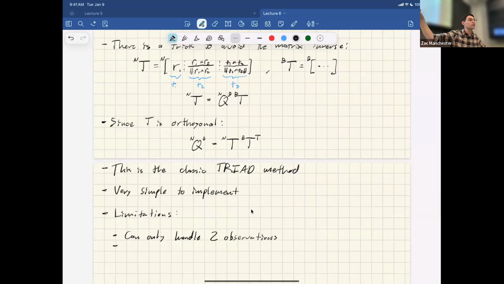There's no notion of noise, how good these measurements are, because this is the bare minimum. So you just get what you get. To do better than this and incorporate more measurements, we're going to have to start thinking about statistics and averaging, basically, and how to combine these things. So let's say no uncertainty or covariance information.